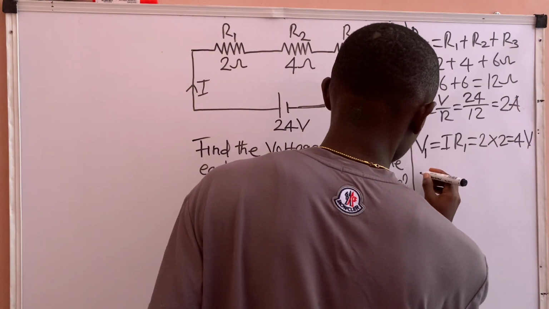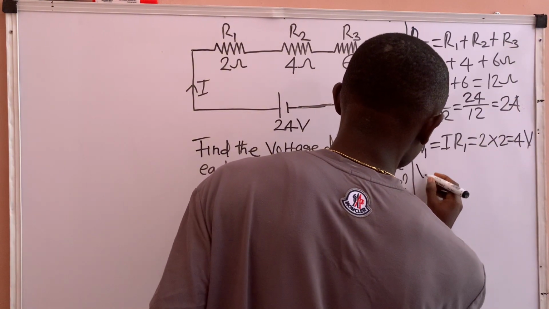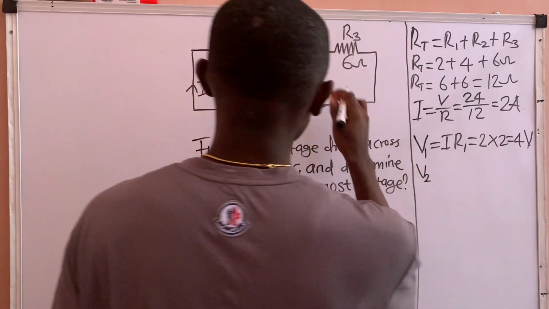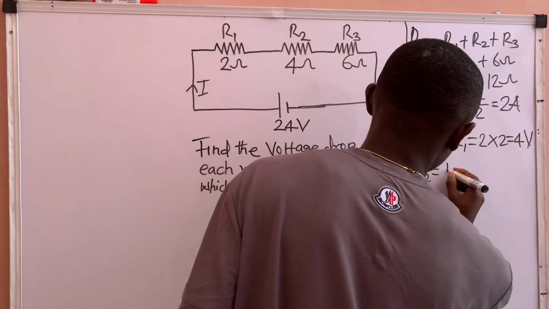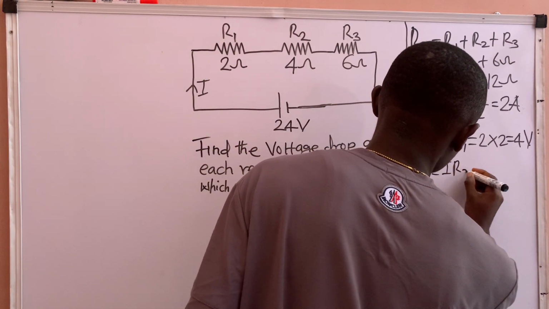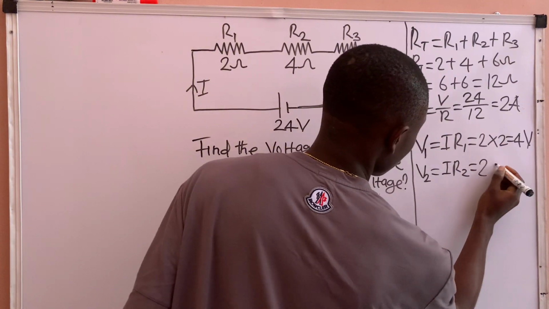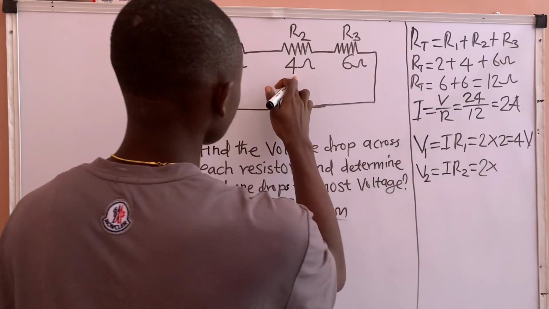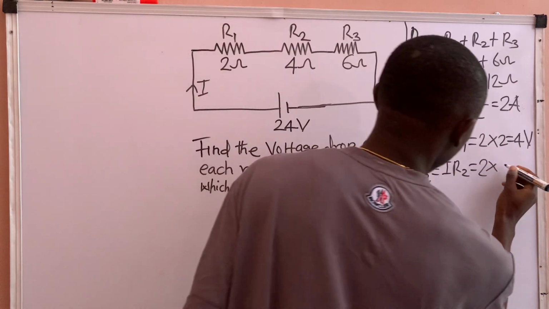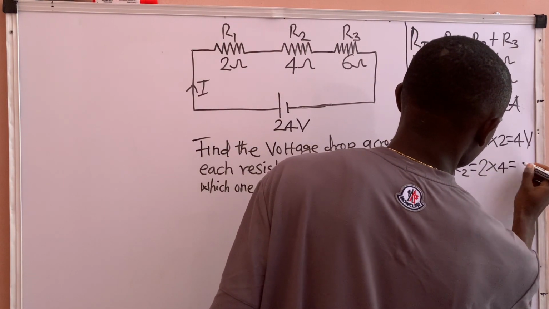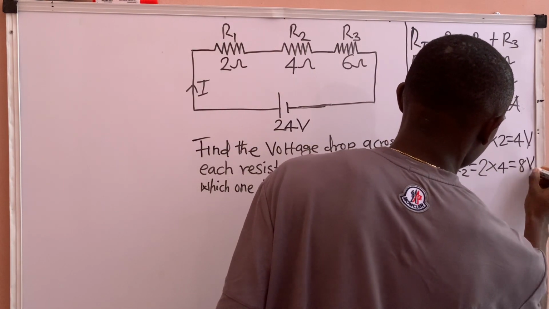The voltage that will drop across the resistor R2 will be I2, which is the current 2, multiplied by the resistance of R2, which is 4, and 4 times 2 is 8 volts.